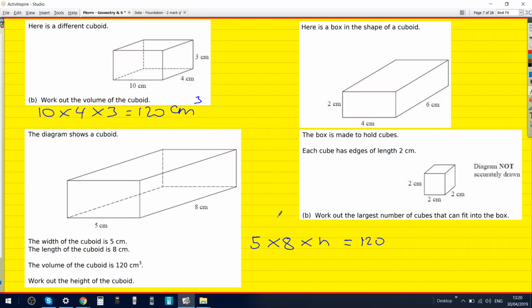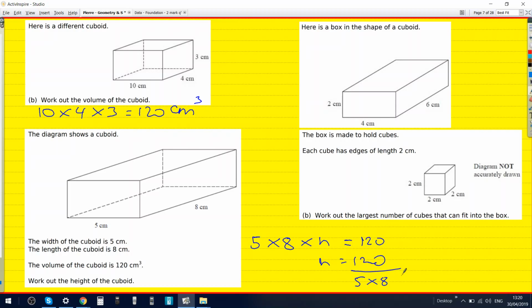It'll be 120 divided by 5. Divided by 8. Well, yeah, it'll be 120 divided by 5 times 8. Oh, right. So 5 times 8 is 40.